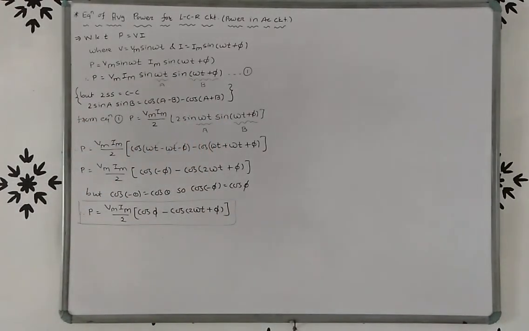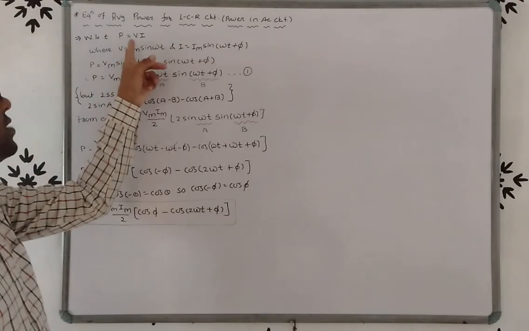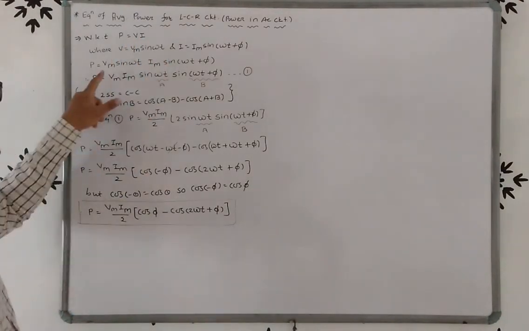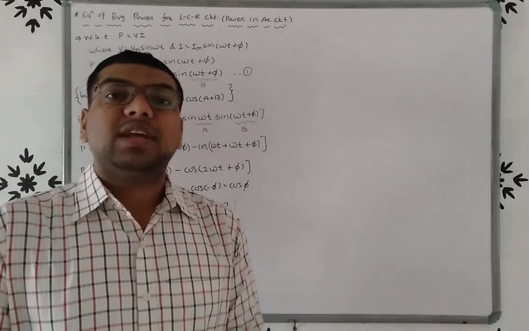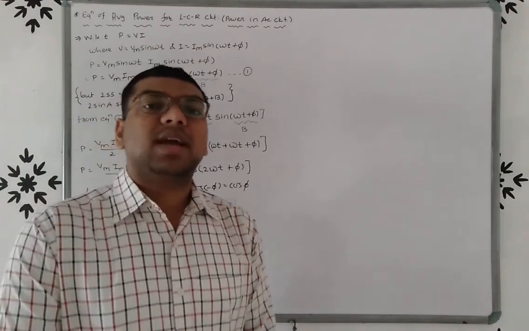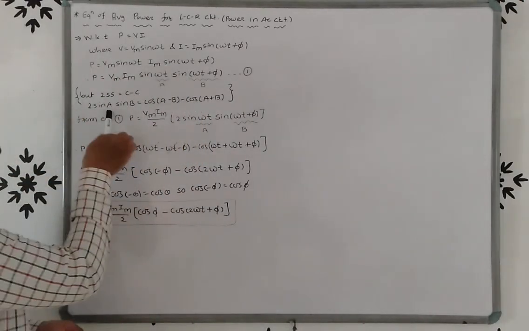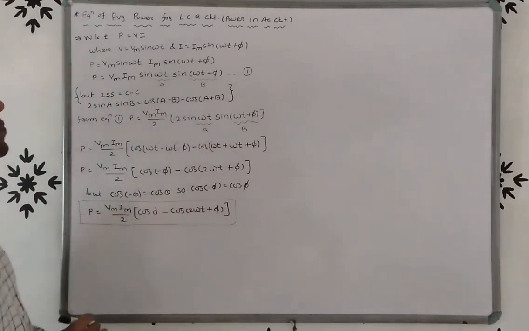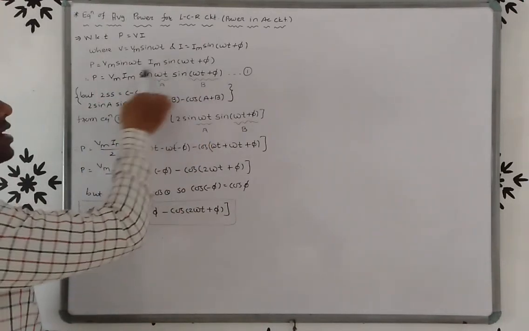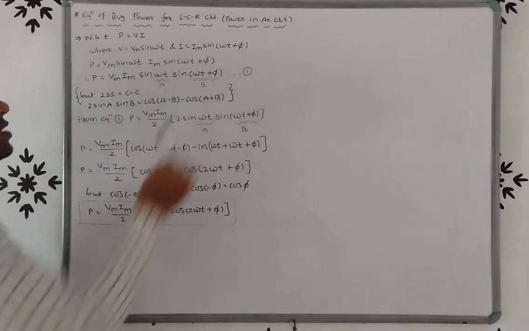Once again, friends, we know that power P is equals to VI, but V is equals to Vm sin omega t, and I is equals to Im sin omega t plus phi. So we put the value of V and I. We get Vm Im sin omega t sin omega t plus phi. To use the formula 2 sin A sin B is equals to cos A minus B minus cos A plus B, we multiply and divide equation 1 by 2.